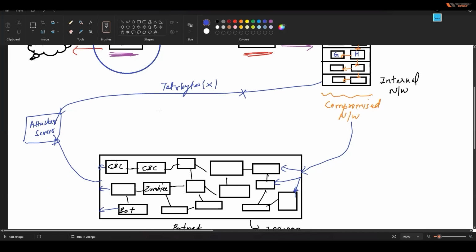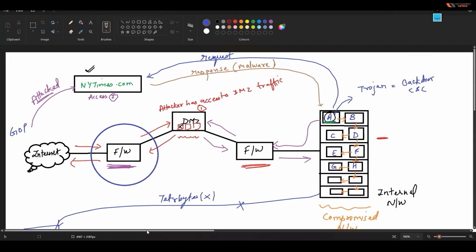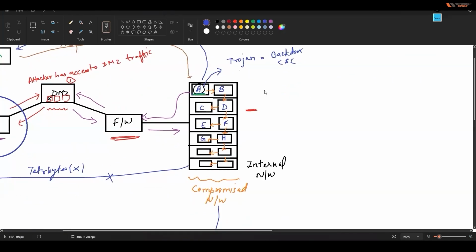So this is how the attacker got all the information from your internal network. Now another thing is, I want to remove my trace because I have compromised most of the systems around that particular internal network. So I need to remove my trace.